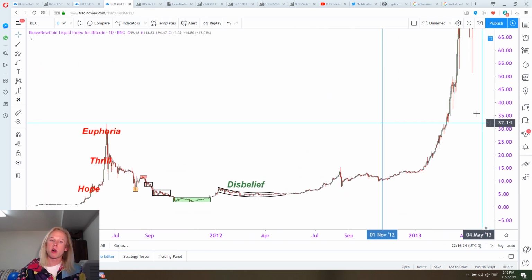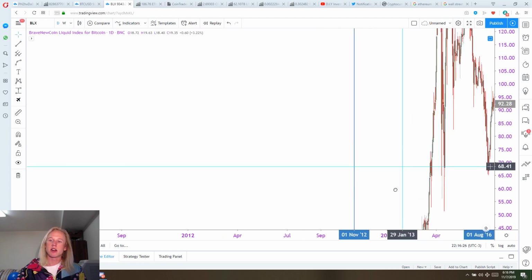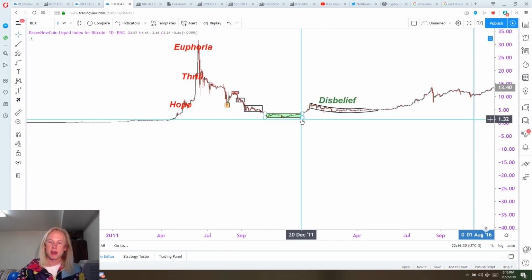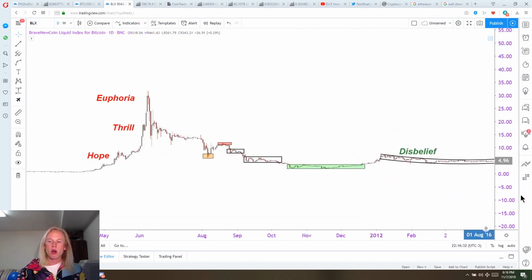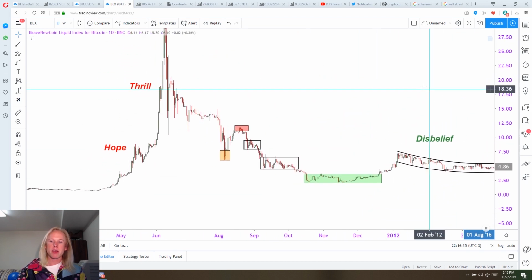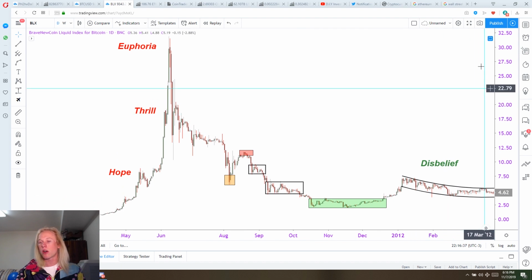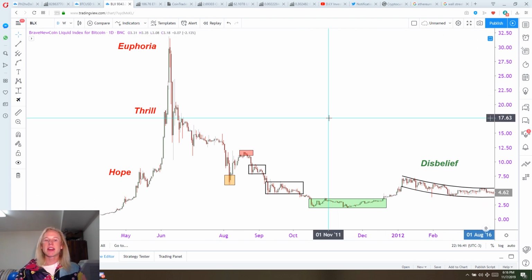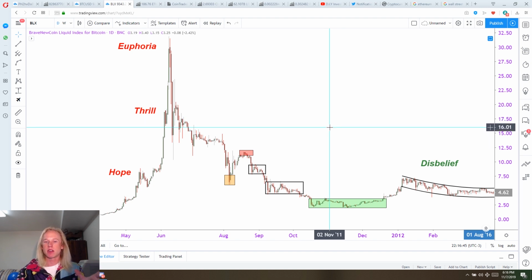Really the most parabolic move that I would say that we saw, where prices went extremely parabolic. In fact, we bottomed at about $2 and we went all the way upwards of about $1,200, just under $1,200 at its peak. And so I think that this market cycle has direct correlations to what we're seeing and experiencing right now inside of Ethereum.